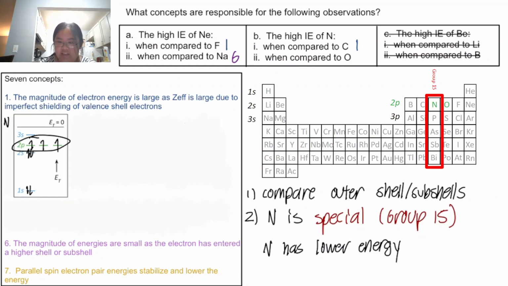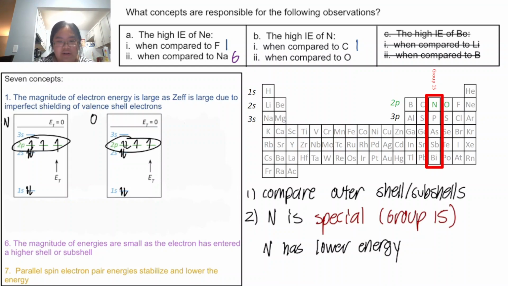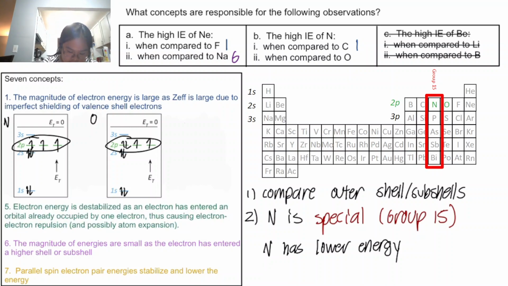Now let's look at the energy diagram for oxygen. Oxygen has an electron configuration of 1s2, 2s2, and 2p4. And if you look at the 2p electrons for oxygen, you can see that 2 of the 4 electrons are sharing an orbital. So now let's look at concept 5, which states that electron energy is destabilized when an electron has entered an orbital already occupied by another electron.